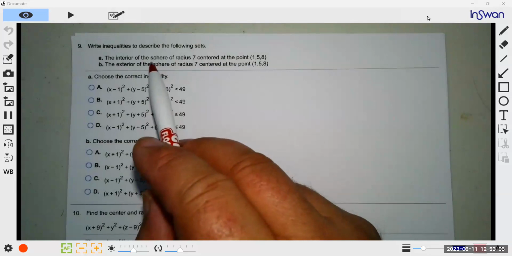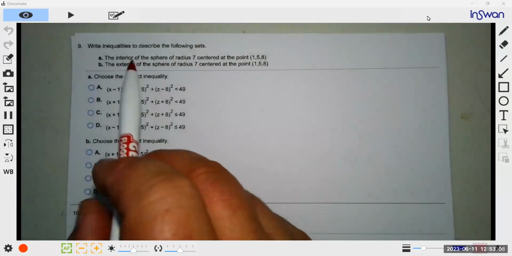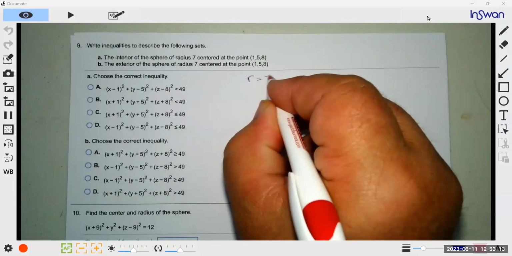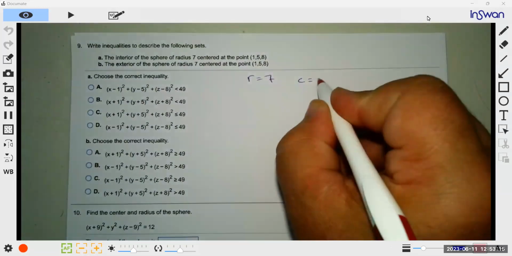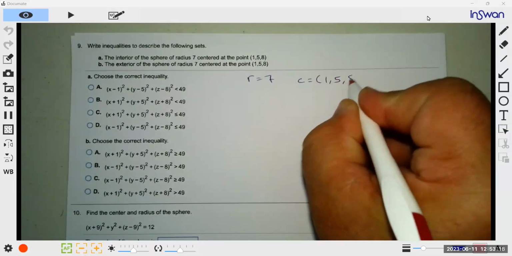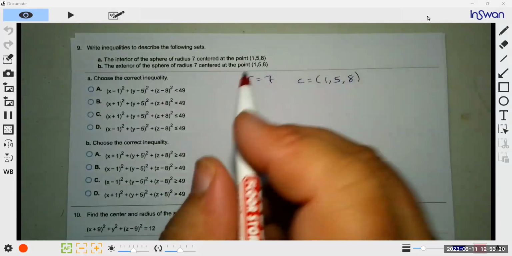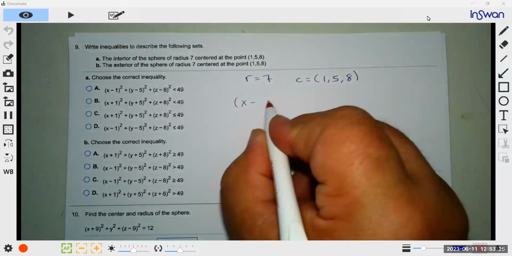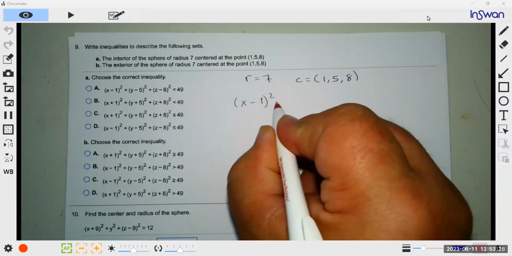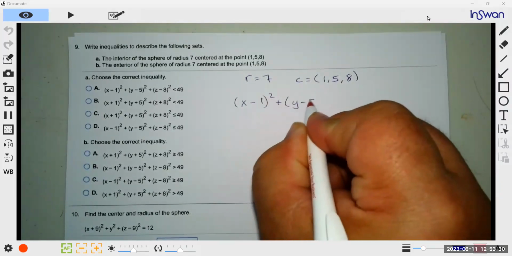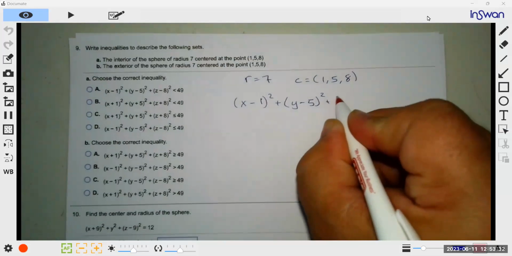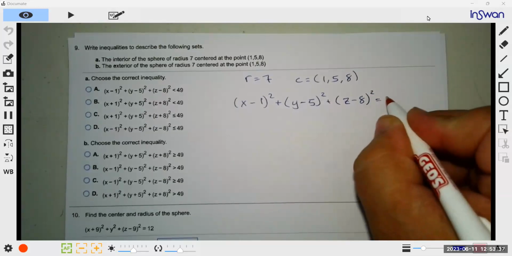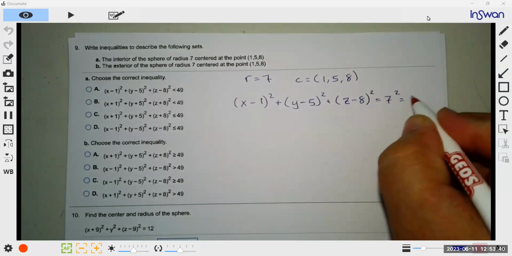Write the inequalities that describe the given set. The interior of a sphere, radius 7, centered at 1, 5, 8. So we have x minus 1, y minus 5, z minus 8, each squared, and 7 squared, or it's 49.